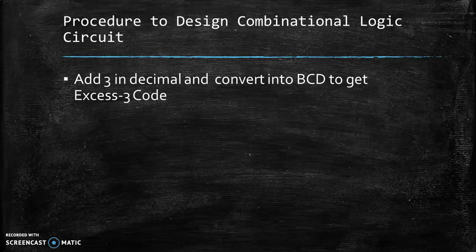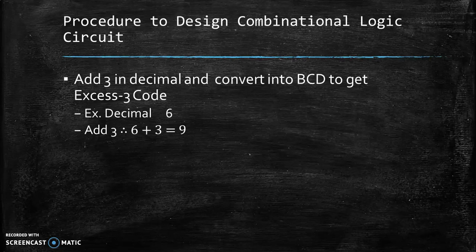Let us revise the process to convert any BCD number into Excess-3 code. What we need to do is add 3 to the decimal number and then convert it into BCD to get the Excess-3 code. For example, let us take the decimal number 6. While converting into Excess-3, first we have to add 3 to 6.